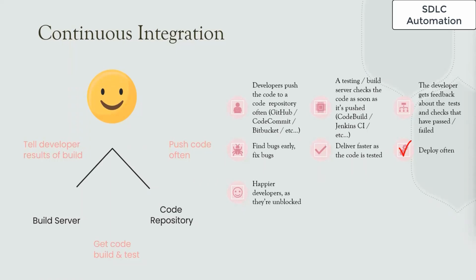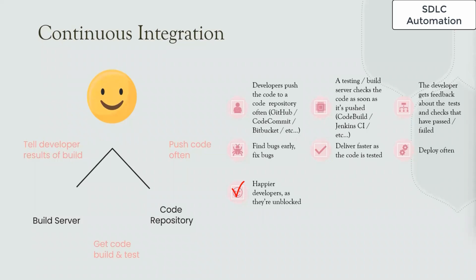Since we are testing before deploying, and the build cycle is involved, we can deploy more often and increase the frequency. Obviously this leads to happy customers, happy developers, happy testers.